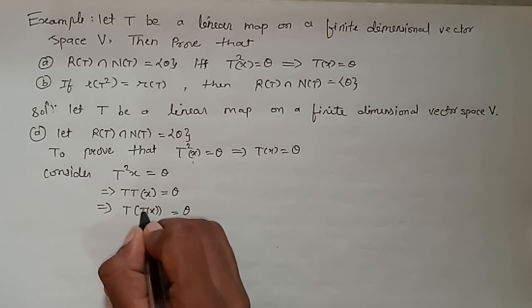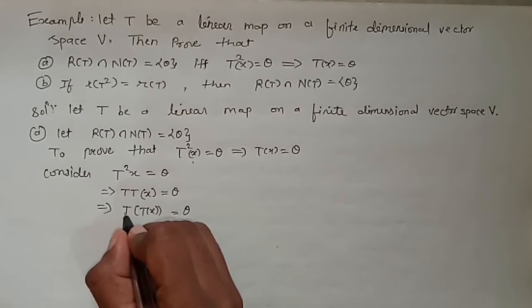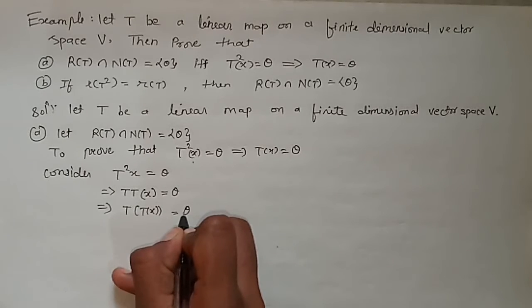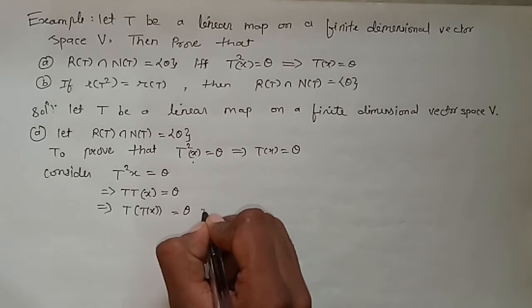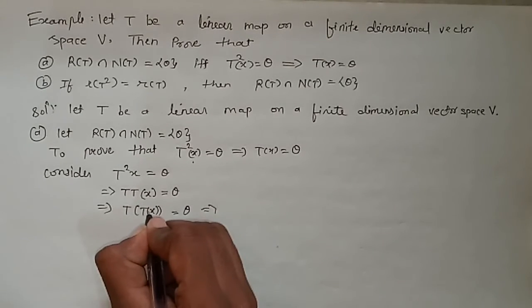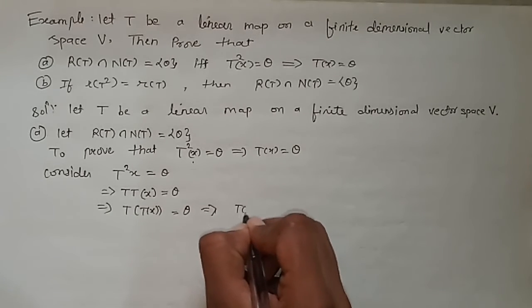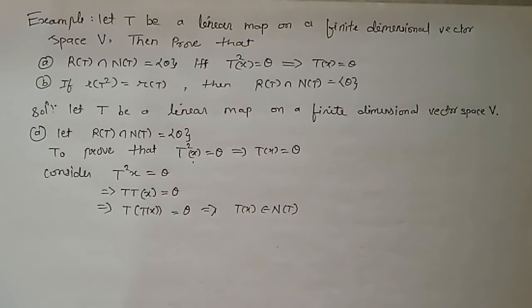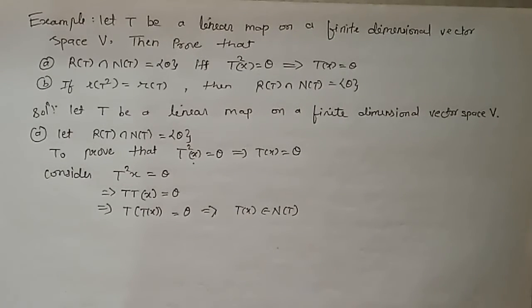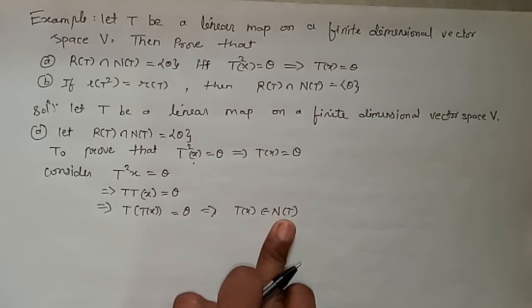If I see Tx as a new element, then we can conclude that T of this element is equal to theta. If T image of any element is theta or 0, then we can conclude that this element belongs to nullity of T. So from this we can write this T of x belongs to nullity of T, because nullity of T contains all those elements whose T image is 0. So T of x belongs to nullity of T.